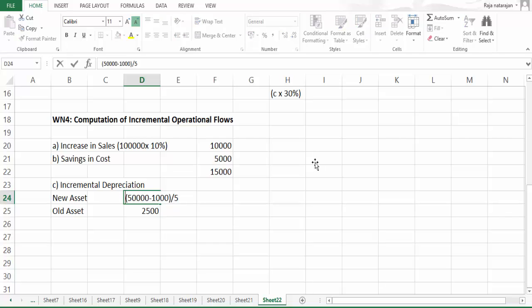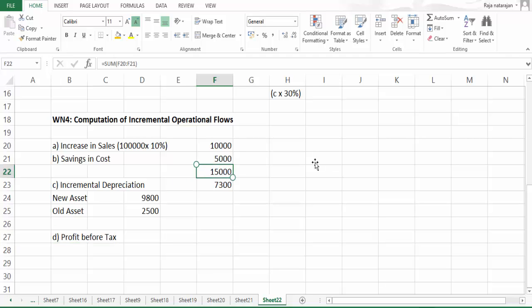Okay, so I'll put this as calculation. It's going to be 50,000 minus 1,000 divided by 5, so it's going to be 9,800, and the old asset is 2,500. So what's my incremental depreciation? It is 9,800 minus 2,500. My incremental depreciation is 7,300. Okay, so now let me calculate the profit before tax, and that's nothing but this 15,000 minus 7,300.